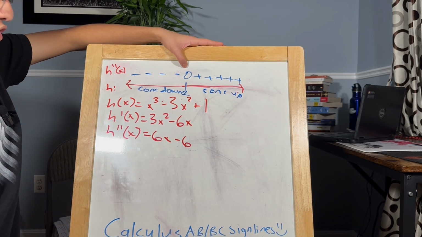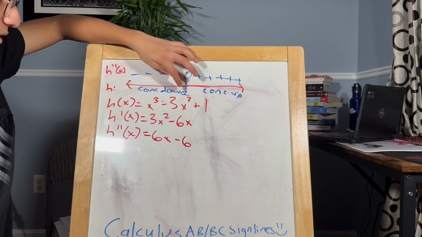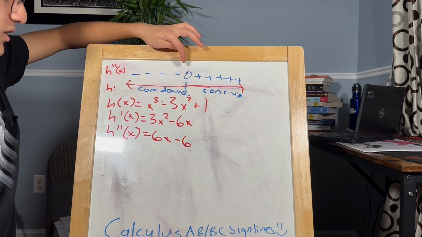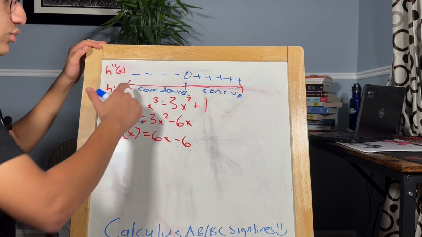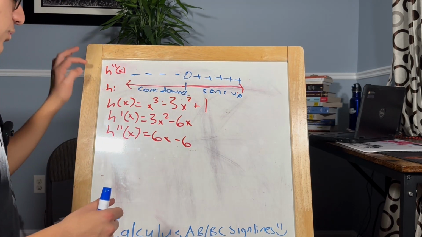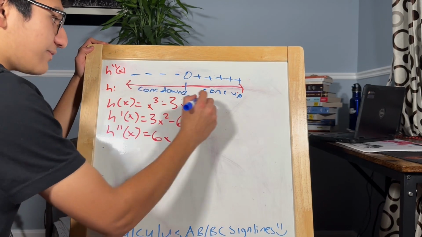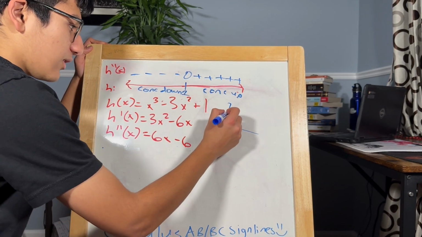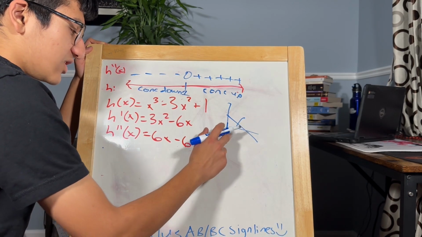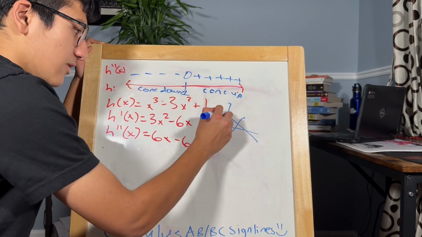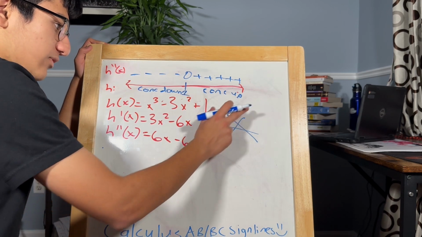Now, there's a special term for this point right here, x equals 1. This is called a point of inflection. This is when the concavity will change. So if I were to graph this, it would either look like this or this, because it's passing through the zero axis and going from negative to positive.